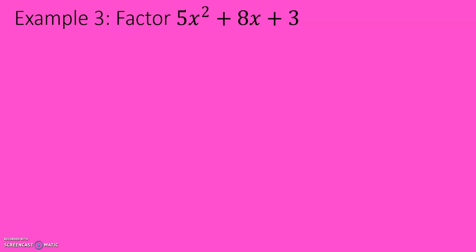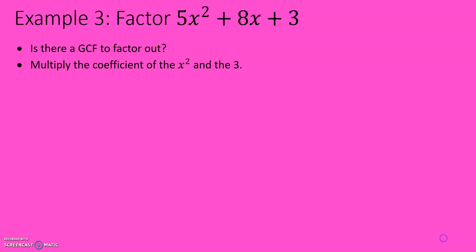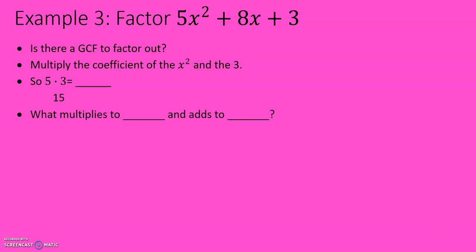Example 3, factor 5x squared plus 8x plus 3. No greatest common factors to factor out. Multiply the coefficient of the x squared and 3. So 5 times 3 is 15. What multiplies to 15 and adds to 8? It's going to be 5 and 3.